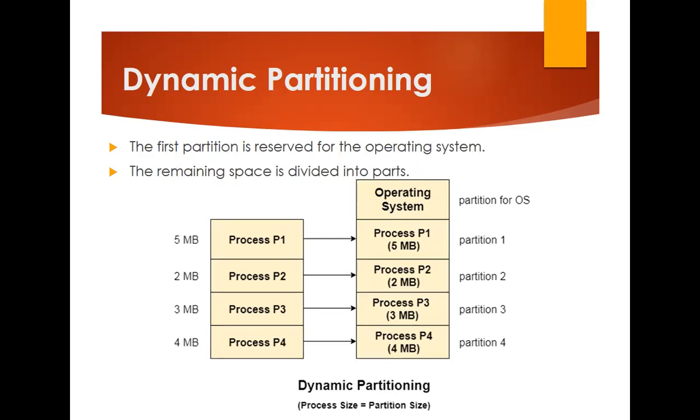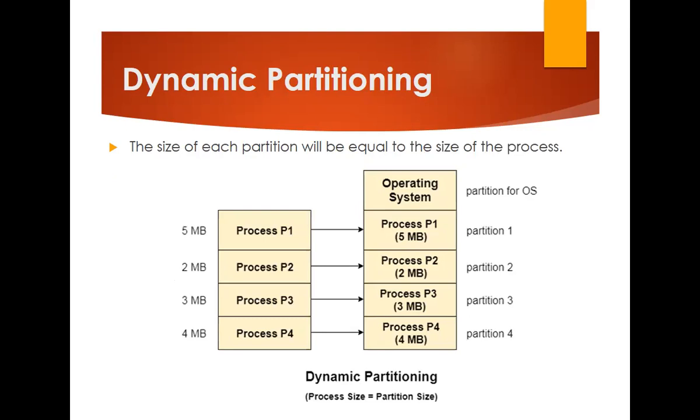The first partition is reserved for the operating system as usual. The remaining space is divided into parts, and the size of each partition will be equal to the size of the process.